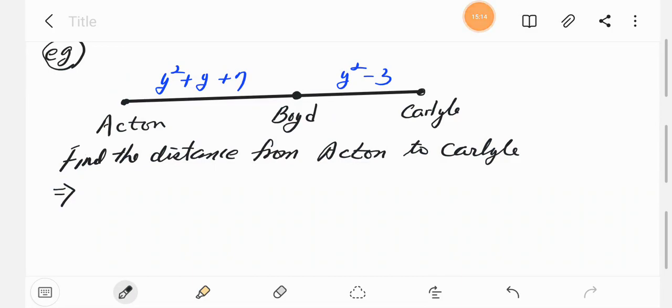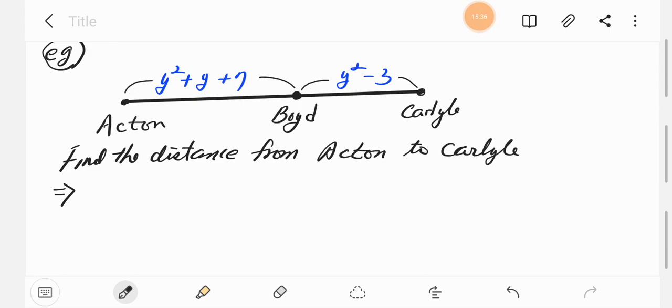Okay, for this example, let's find the distance from Acton to Carlisle. First of all, here's an expression: the distance from Acton to Boyd is this expression, and from Boyd to Carlisle is this one.